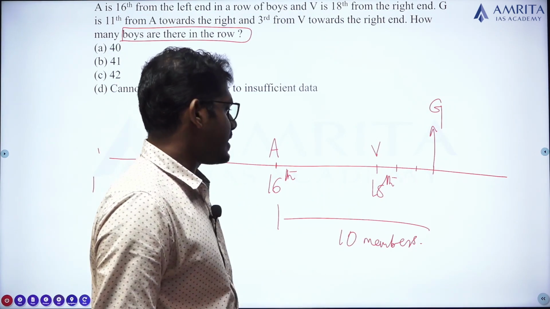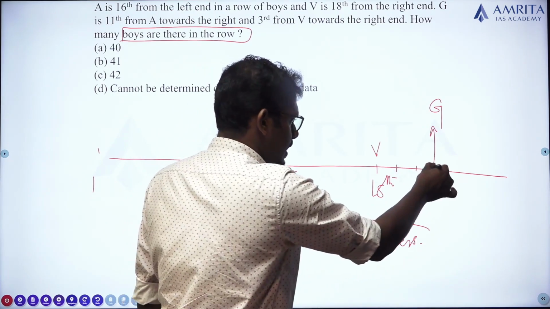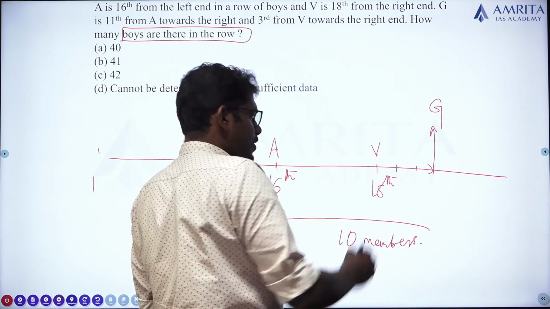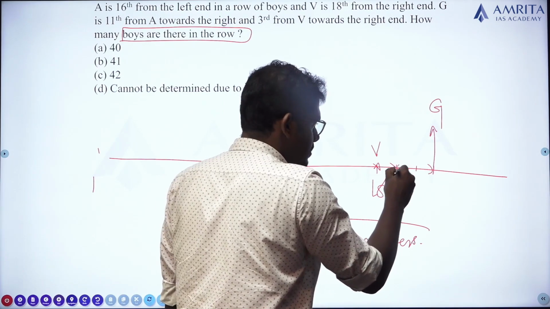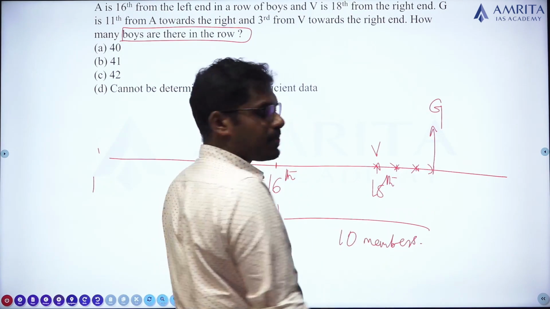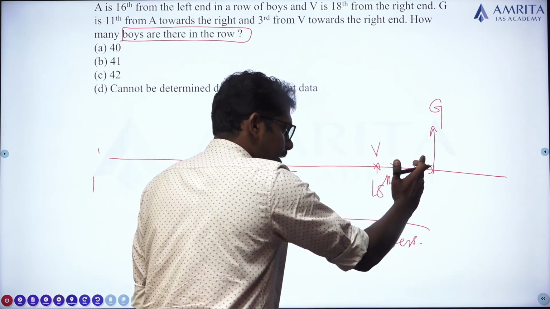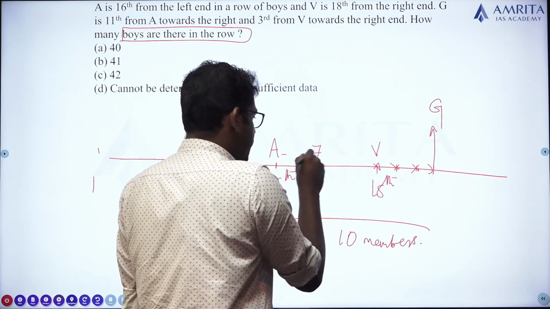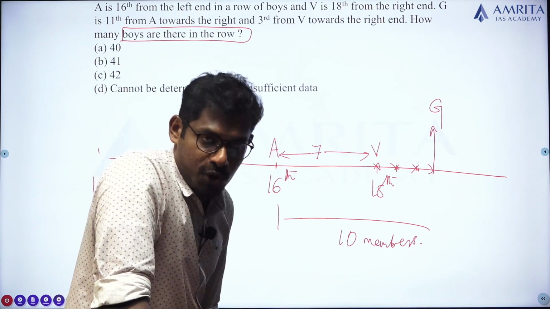To the right of A there are 10 members excluding G, till here, which includes this person and this person. So there are 3 persons here. Total 10 persons to the right of A till here, and excluding these 3 persons there will be 7 persons in between A and V. I hope you got the idea.